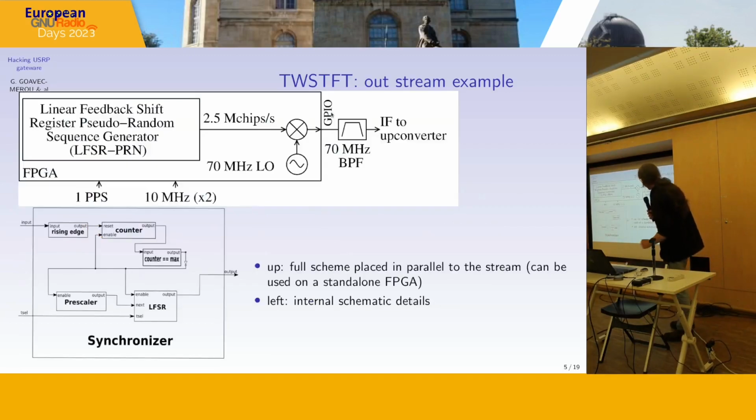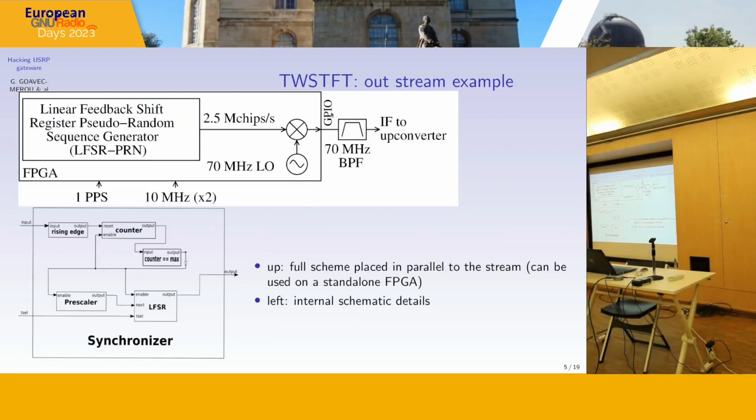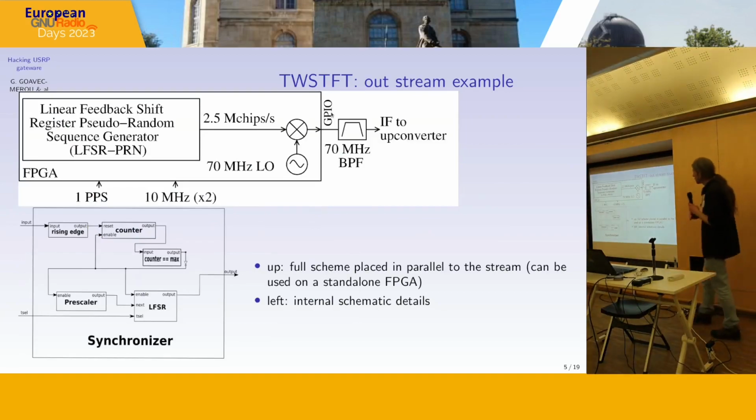The second example, more closely: we have the internal scheme, a simplified scheme, with a linear feedback shift register, in fact the PRN, with modulation at 70 megahertz and the input.